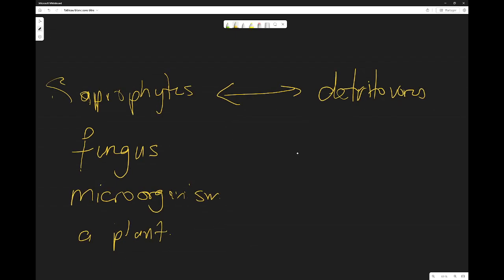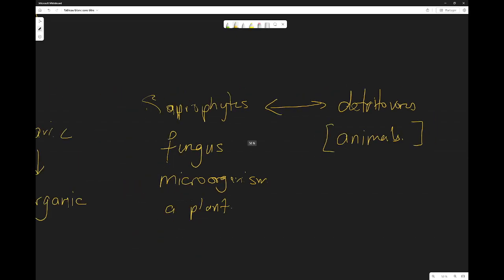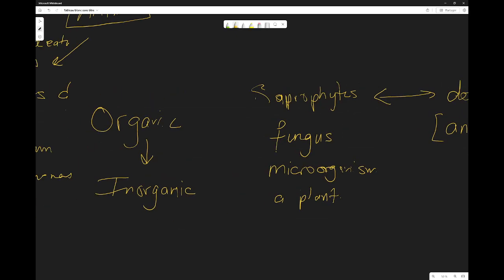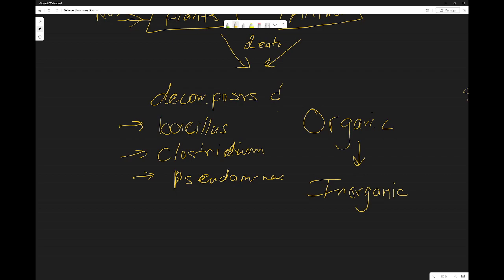These are usually animals, like vultures and stuff like that. Some examples of detritivores could be millipedes, wood lice, and slugs. So we have all of these, just showing that decay.